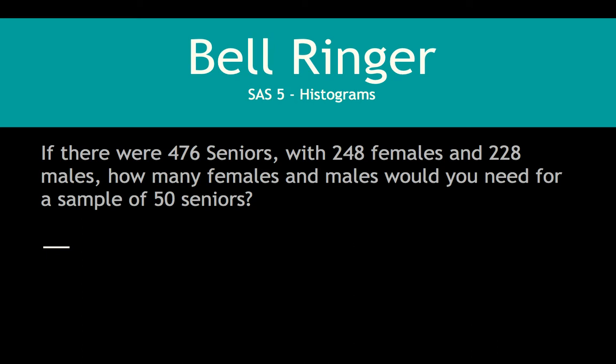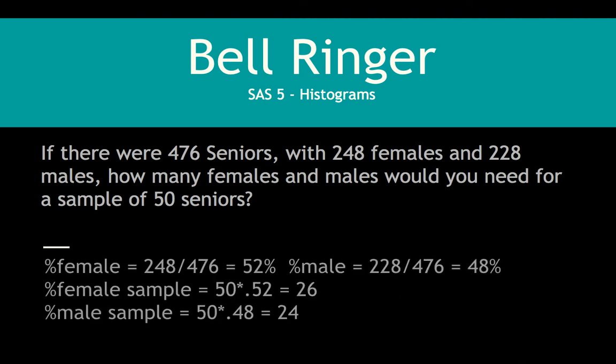You want to make sure you have the same ratio of females to males in the sample that you do in the population. So we'll take the number of females and divide by the number in the total class, find that percentage, and then multiply the decimal equivalent of that by 50 to find out how many of those 50 need to be female. And we'll do the same thing with the males.